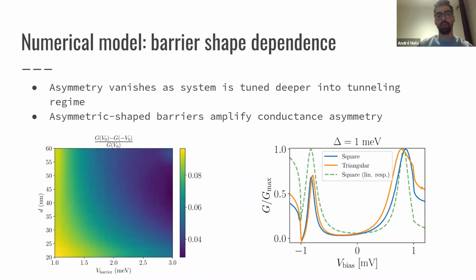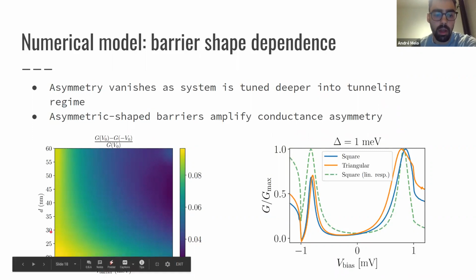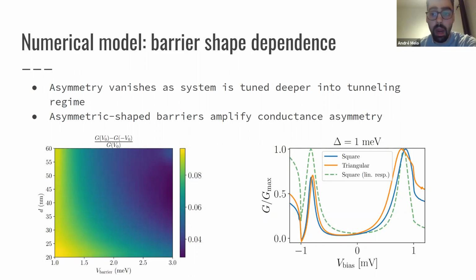The next thing we looked at was how this asymmetry depends on the barrier shape, on the barrier parameters. Is this a thing that's basically very fine-tuned, or how does it scale with the barrier shape, etc.? So here what I'm showing you is the height asymmetry as a function of, on the vertical axis, the width of the barrier, and on the horizontal axis the height of the barrier.